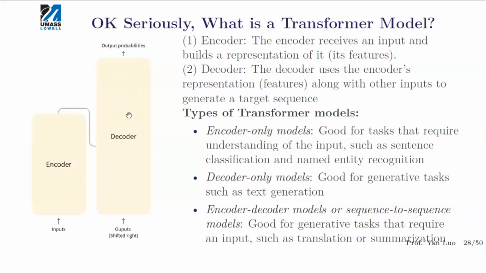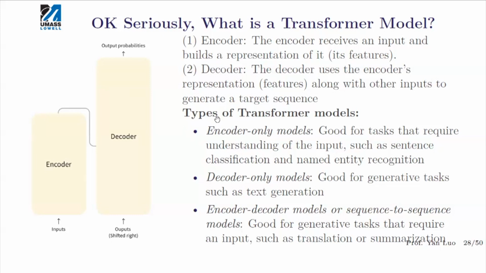That's why it shows as slightly larger. It uses the representation that outputs from the encoder along with other inputs. This here is actually using the output from the past X number of windows to generate a target sequence.